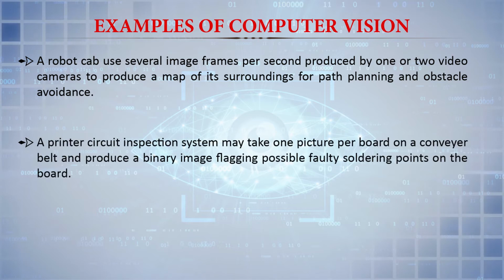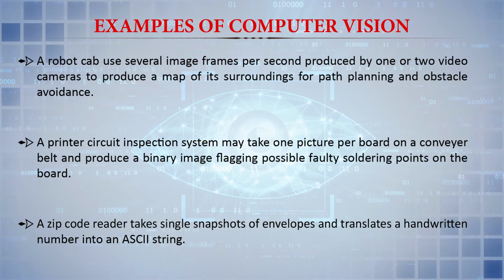A printed circuit inspection system may take one picture per board on a conveyor belt and produce a binary image flagging possible faulty soldering points on the board. So, it is a kind of inspection system wherein the circuit board inspection system has an eye on the conveyor belt and produces a binary image flagging possible faulty soldering points.